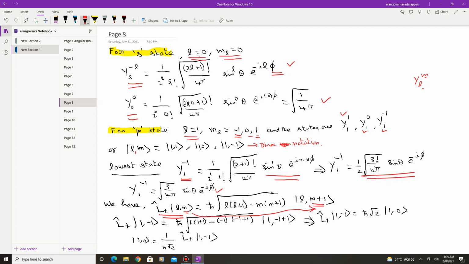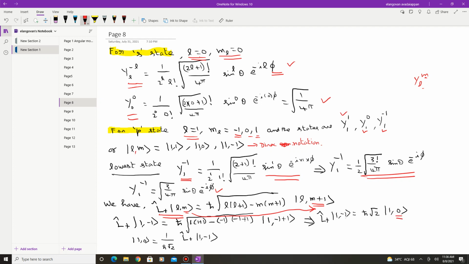So now if L plus is acting on ket 1 comma minus 1, then if you put L is equal to 1, you have h cross square root of 1 into 1 plus 1 minus minus 1 into minus 1 plus 1, and here it is increased, 1 comma m is equal to minus 1, so minus 1 plus 1, it becomes 0.